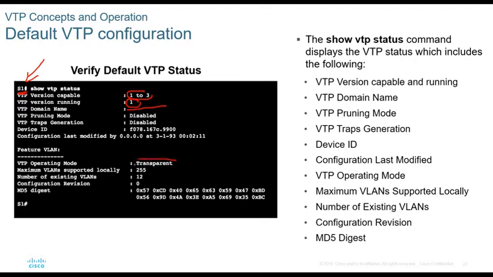As you can see, this switch is configured as a transparent VTP switch. It also shows the number of VLANs supported locally and the number of existing VLANs pre-configured on that switch. So we actually use this command just to check the very important VTP operating mode.